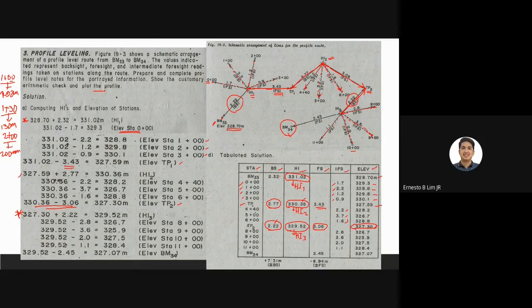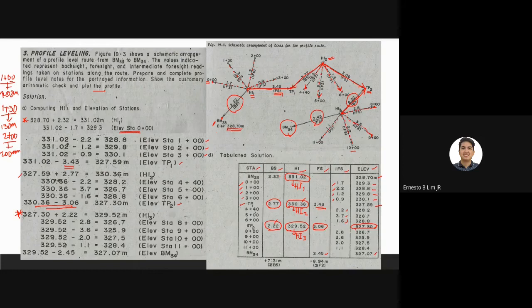Okay, so for your BM34, again, the last sight would be your foresight, so 2.45. Okay, so the elevation for BM33 would be 327.07. Okay, so that would be our goal.